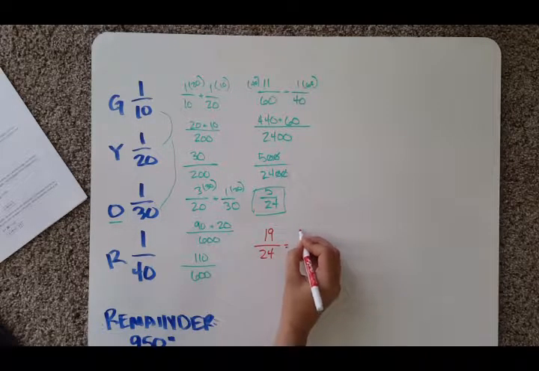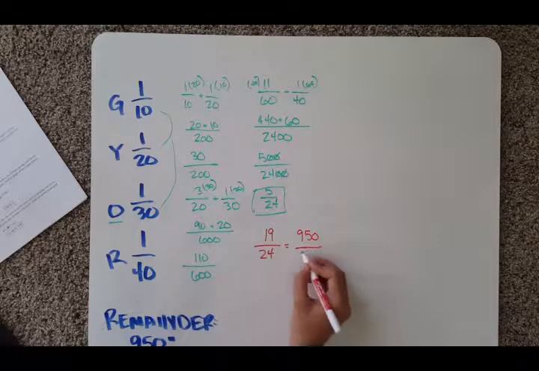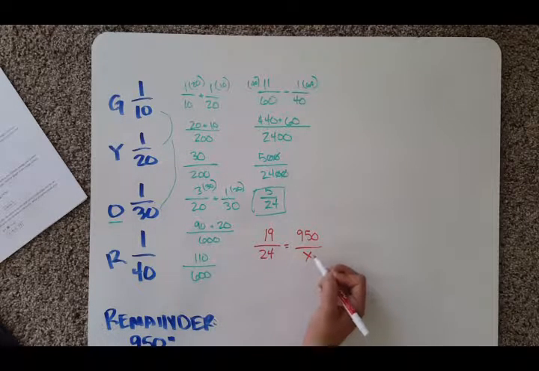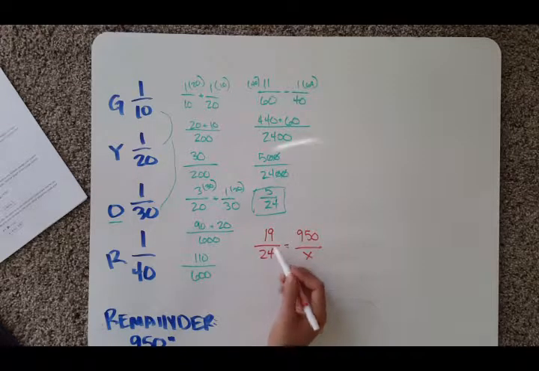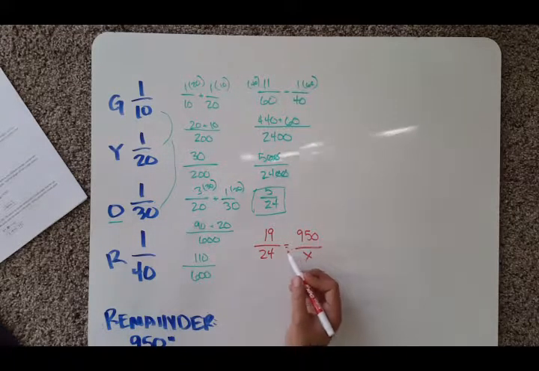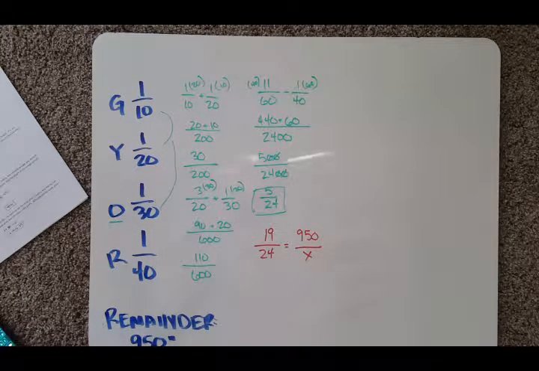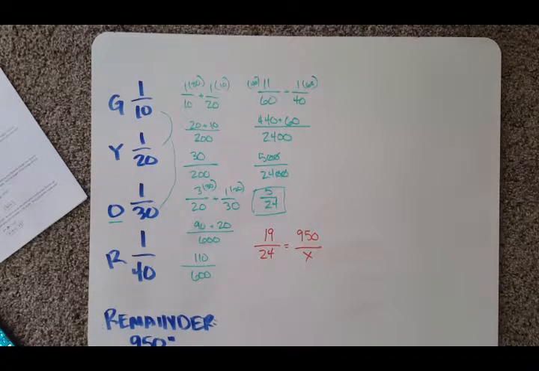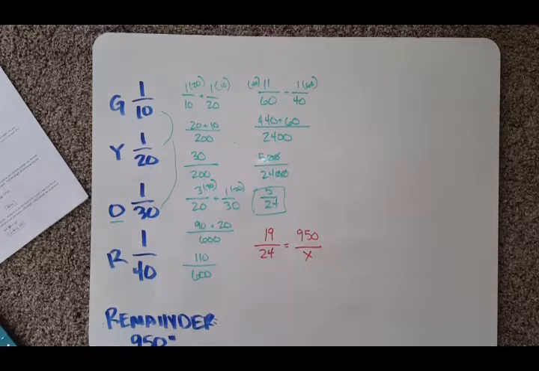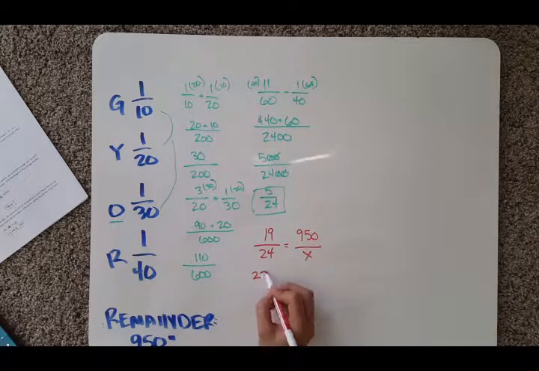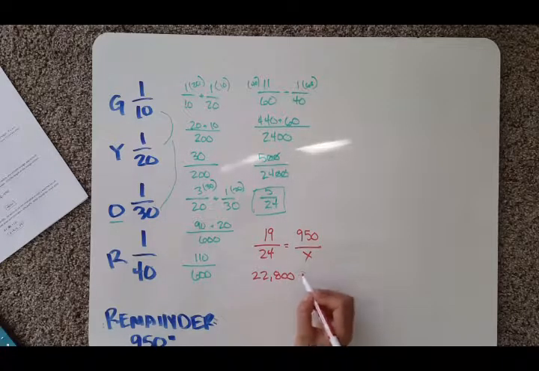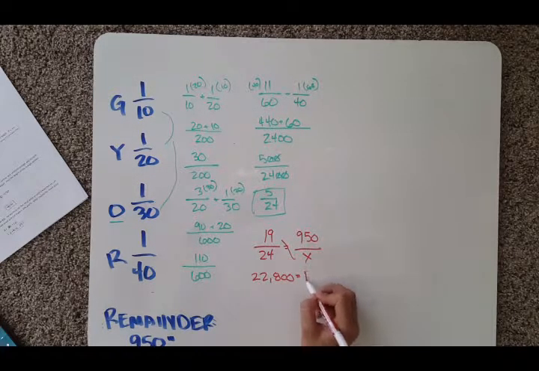So 950 over the total amount of string, which we'll represent as x, is equal to 19 parts of 24. And then we can just cross multiply. So when we do that, we get 22,800 equals 19x.